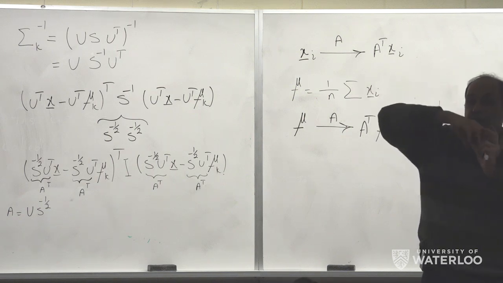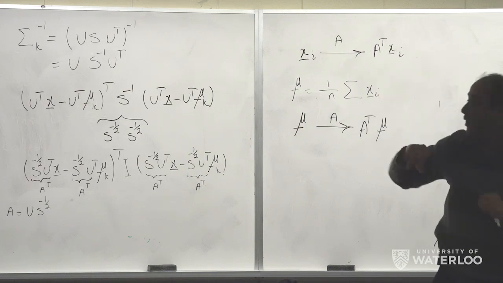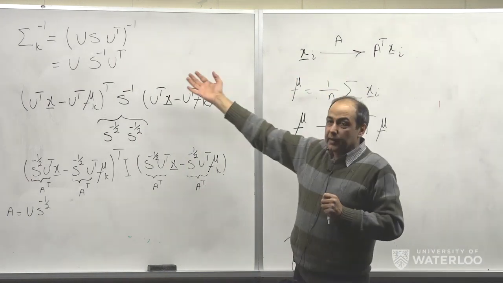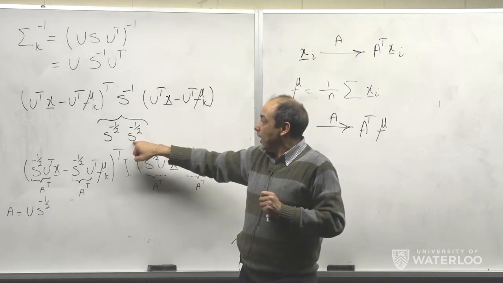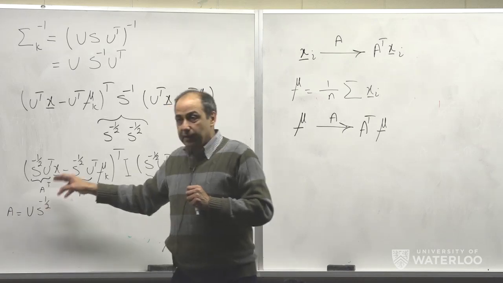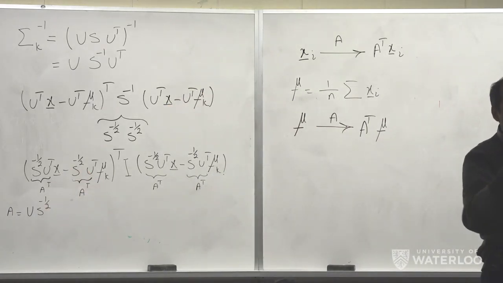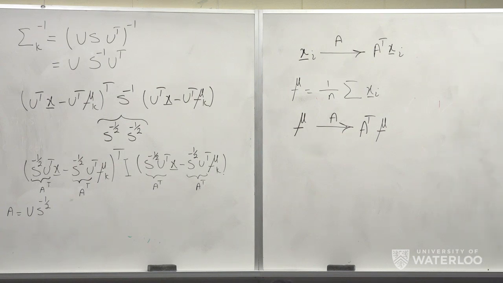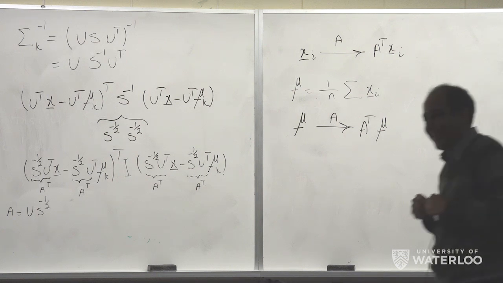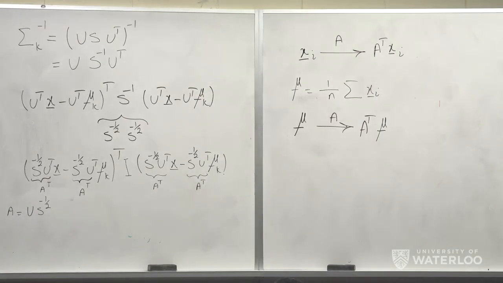When you have a Gaussian whose covariance looks like a baseball, you can decompose the covariance, find S and U, compute U S to the power of minus half, and then apply this transformation to the data. The data becomes spherical. Yes? You mean football instead of baseball? Sorry? It's an ellipsoid? Yeah, sorry, football. You're right.